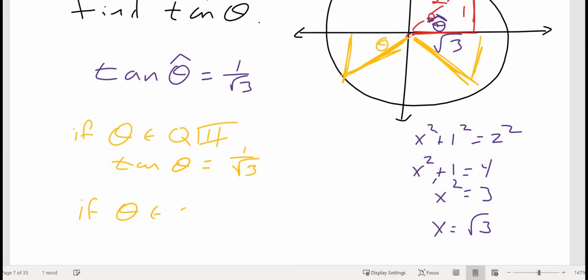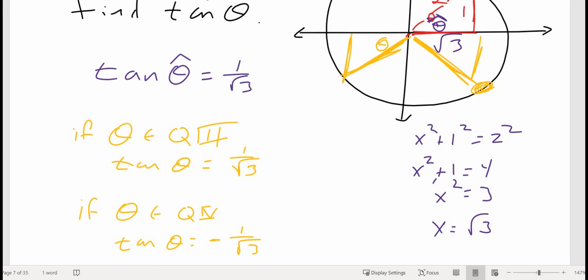If theta is in quadrant 4, here you go right and down, so it's positive and negative. Cosine is positive, sine is negative, right? Positive over negative is negative. So if it fell in that quadrant, it would have to be negative 1 over square root of 3.